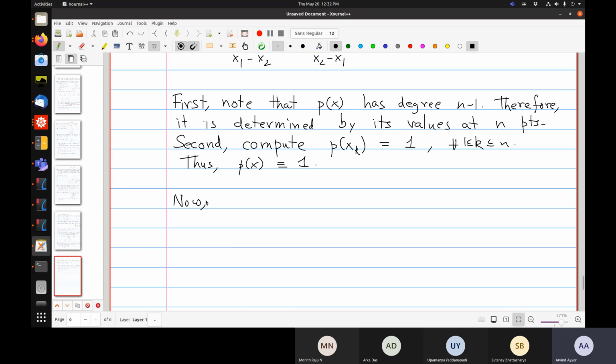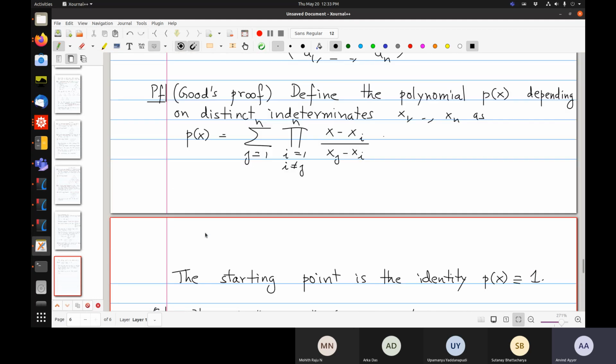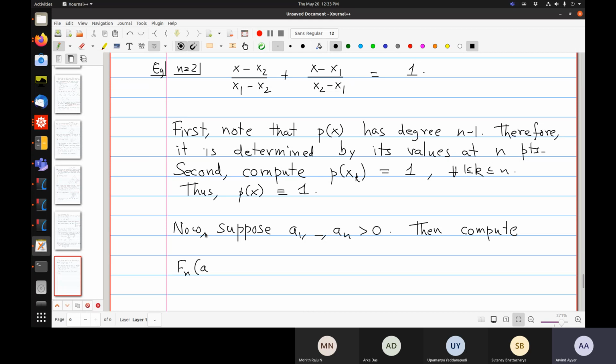Now, suppose a_1 up to a_n are all strictly positive, then compute the following sum.